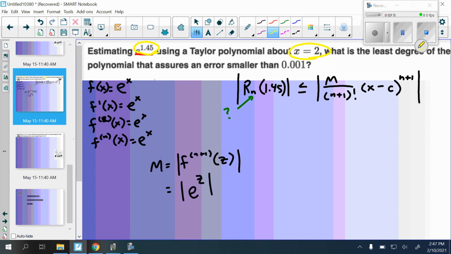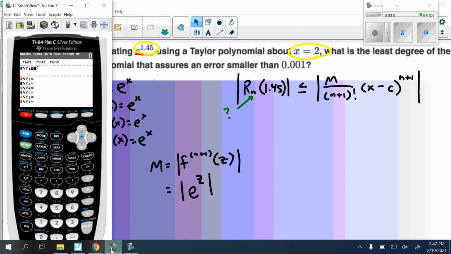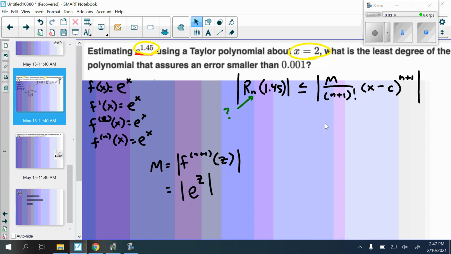Well, e to the x or e to the z, however you want to think about it, if we graph that one, we know what that graph looks like. That's an exponential graph. It's going to keep getting bigger and bigger for the bigger x values you put in there. So 2 is definitely going to give us a bigger value than 1.45. So this is going to end up being e squared. Okay, so e squared is our M value.